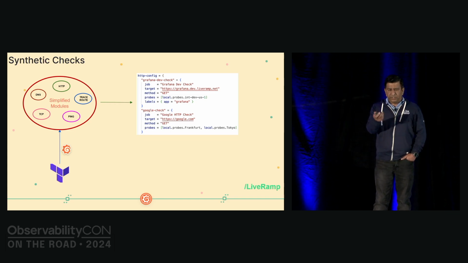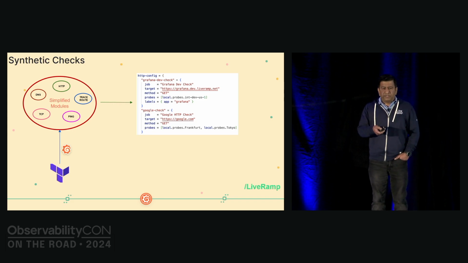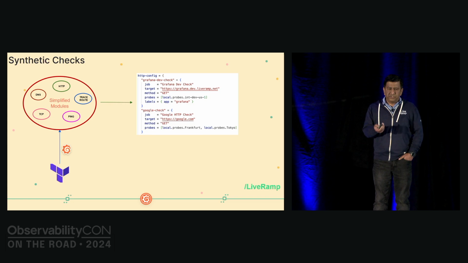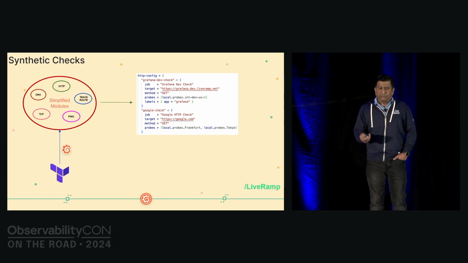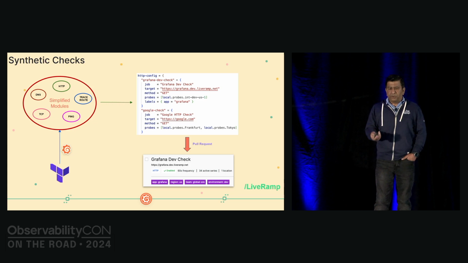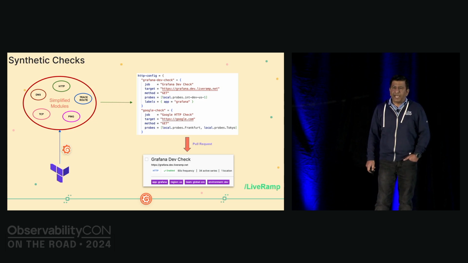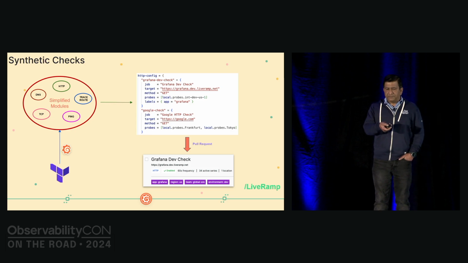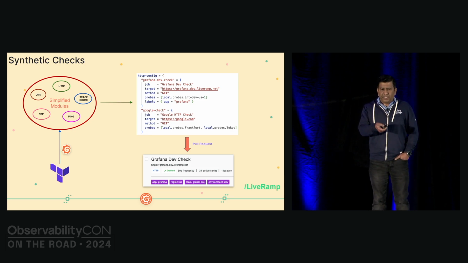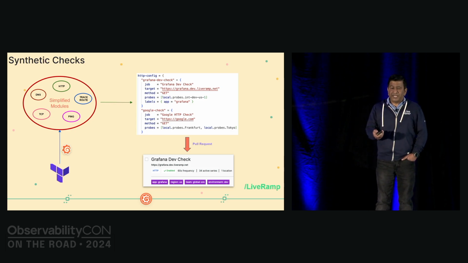And as you see on the right, the engineering team has to just provide minimal information like job, target, methods, probes, and create a pull request, and boom, they have the synthetic check created. It's very easy for the engineering team to supply whatever they need, and behind the scenes, we take care of all the complexities.